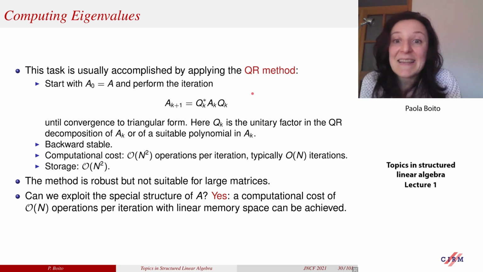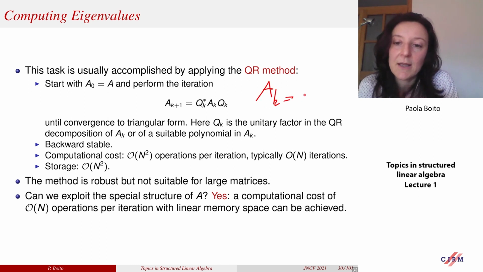Then at each iteration of our method, we start from a current iterate Ak, and compute the next iterate Ak plus 1, which is given by Qk star times Ak times Qk, where Qk is the unitary factor in the QR decomposition of Ak.